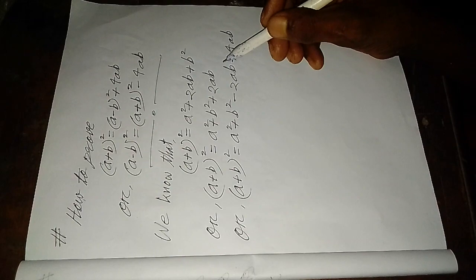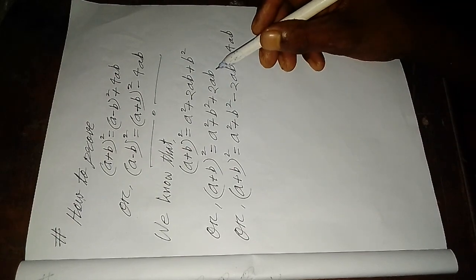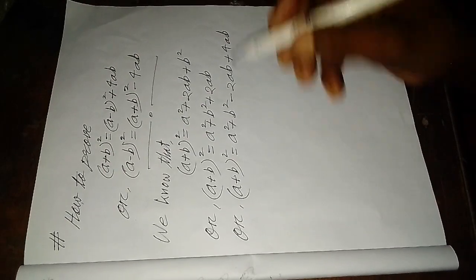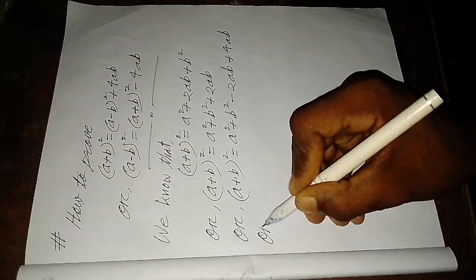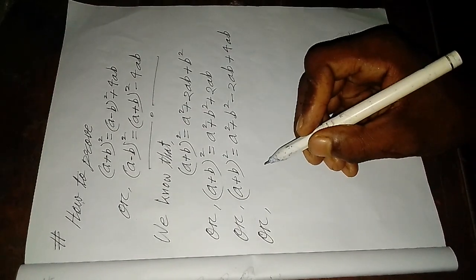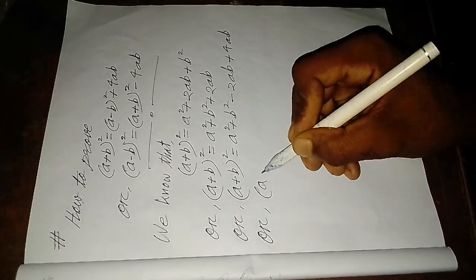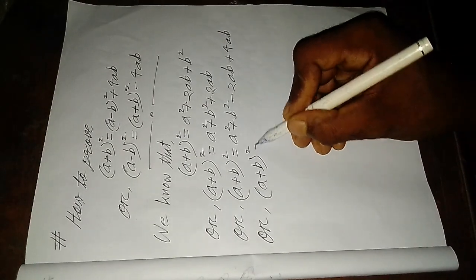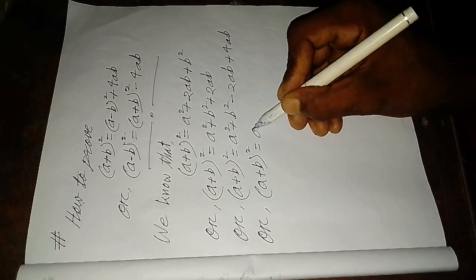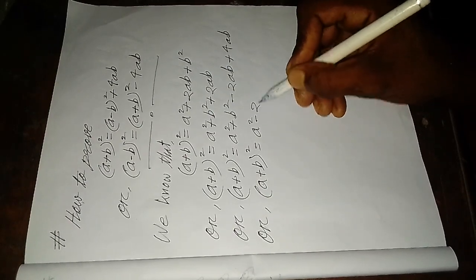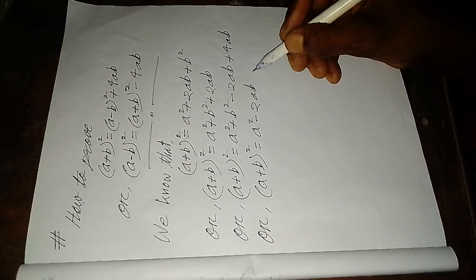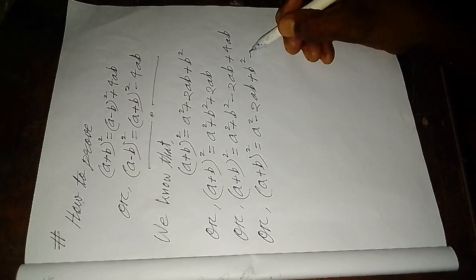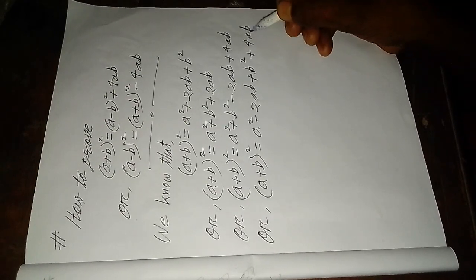We can decorate it: 2ab, thus minus 2ab plus 4ab, or (a plus b) whole square equal a square minus 2ab plus b square plus 4ab.